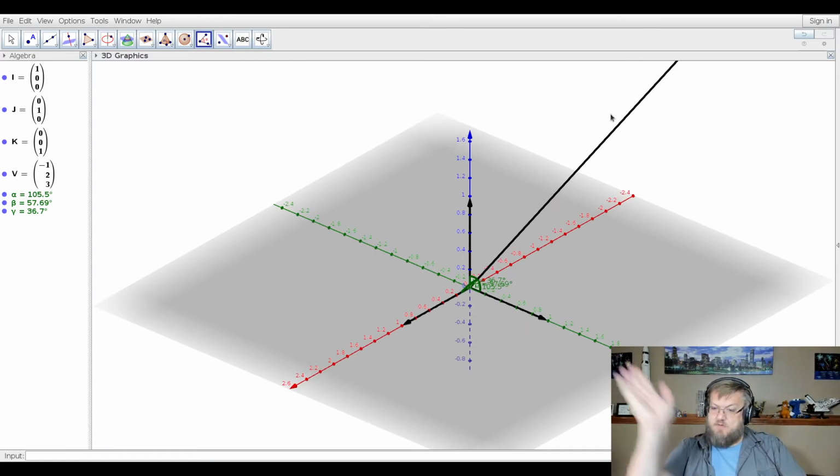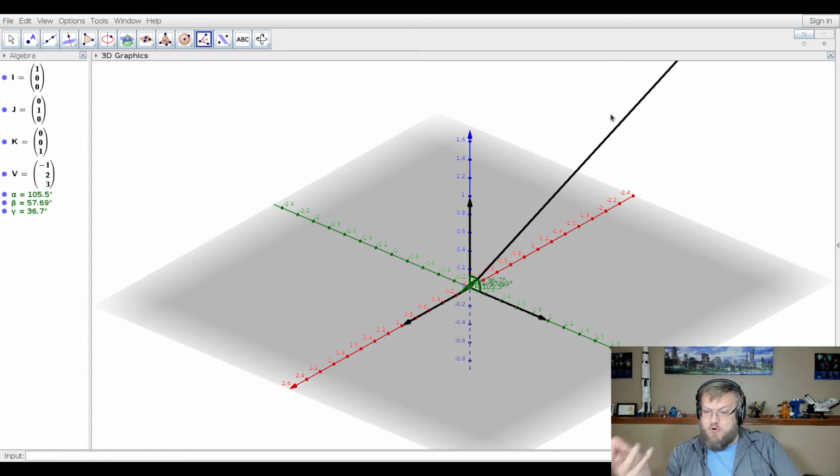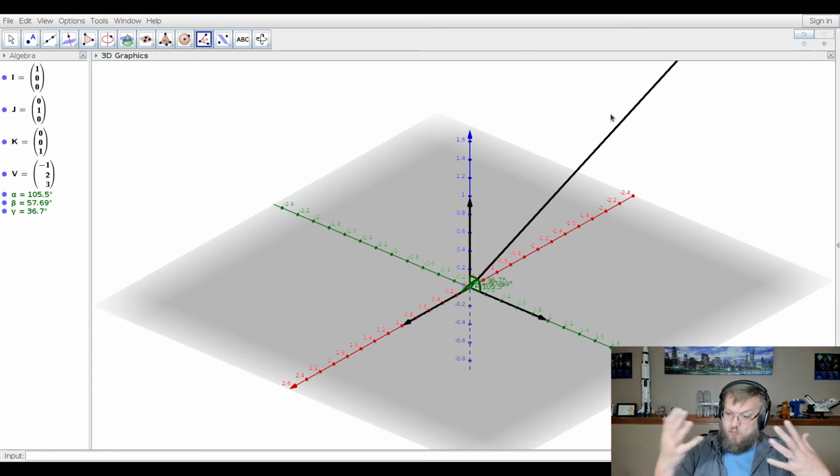This vector goes off over there, and I have the three angles that it makes with my coordinate system, the I, the j, and the k, to communicate what direction this vector is going in. You get some sort of visual of that, knowing the angles, right?